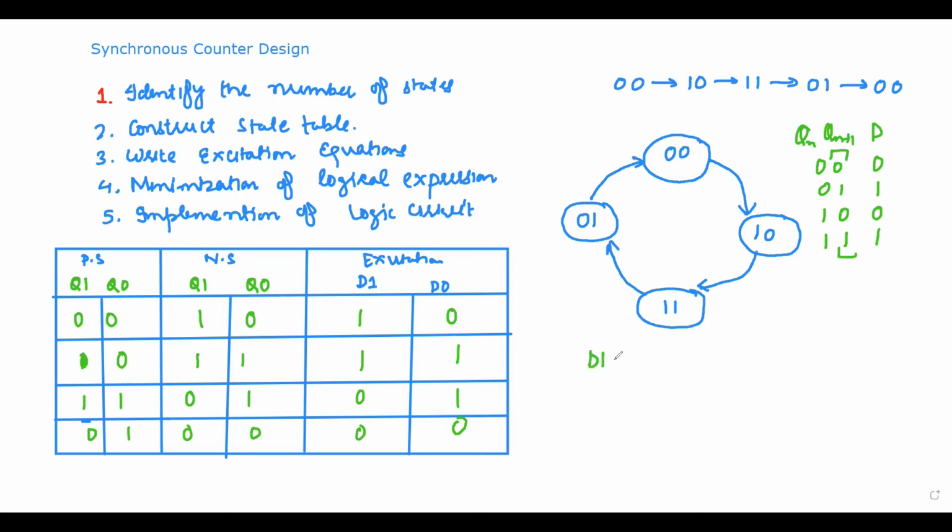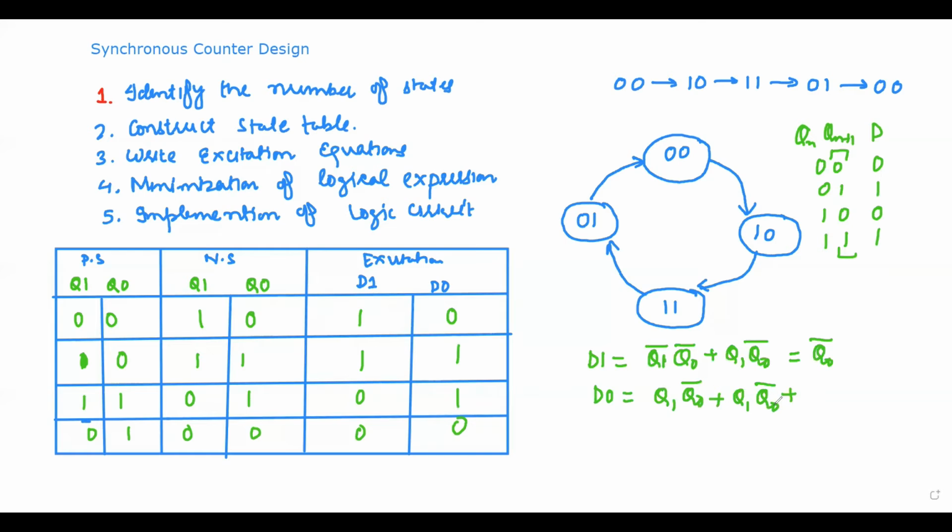The solution goes like this: for D1 it is Q1 bar into Q0 bar plus Q1 into Q0 bar. Here you can see Q0 bar is common, so your output is Q0 bar. Similarly, D0 is equal to Q1 into Q0 bar plus Q1 into Q0.